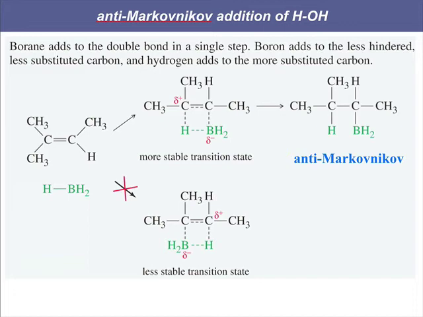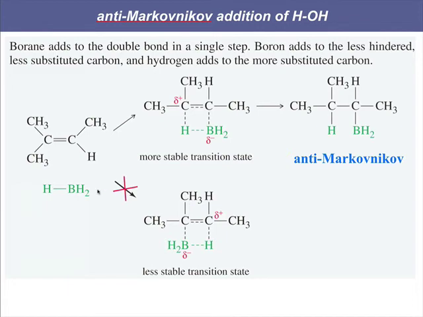So here's why we get anti-Markovnikov addition. Again, the same logic that we used when we looked at oxymercuration demercuration, where we said that the three-membered mercury ring gets opened up in the direction that makes the most room for the mercury.